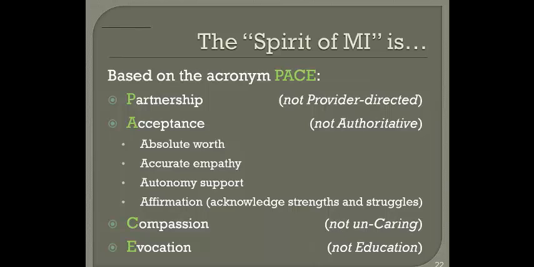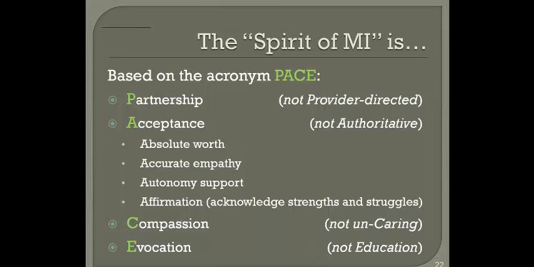The A in PACE stands for acceptance, which can be broken down into different and related ideas. So considering things like the patient's absolute worth, having unconditional positive regard, being able to support their autonomy in making decisions, for instance, when they step out of your office and they have full autonomy and control with respect to the decisions that they're going to make for their health.